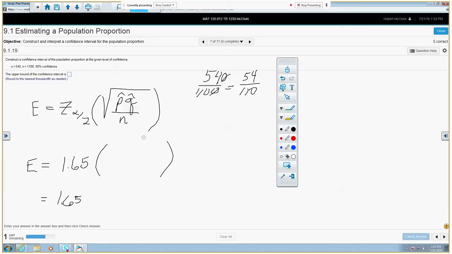So 54 over 110, what does that come out to be? 4 digits. 0.4909. Subtract that from 1, please. 0.5091 is Q hat.